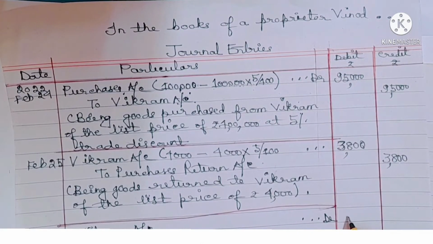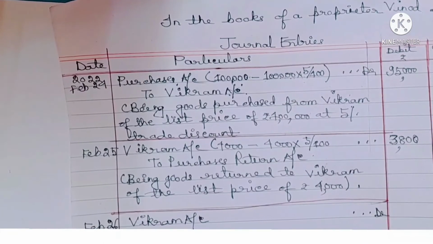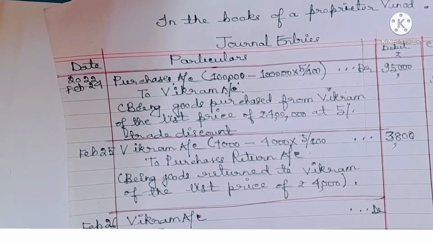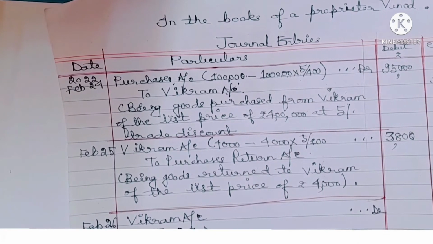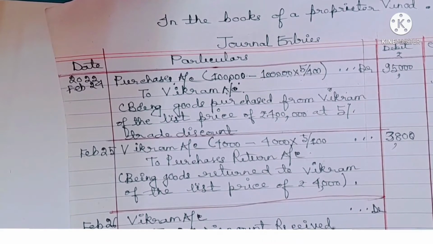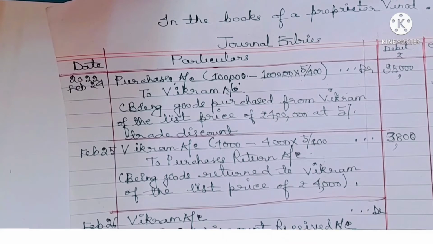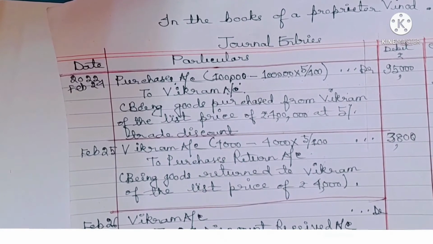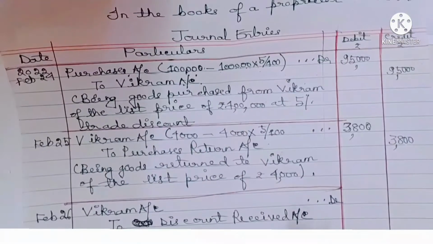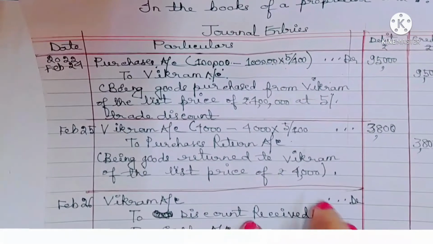We'll write the amount afterwards, leaving a little space, and then write discount received account first, and then we'll write to cash account. Two credit, one debit.